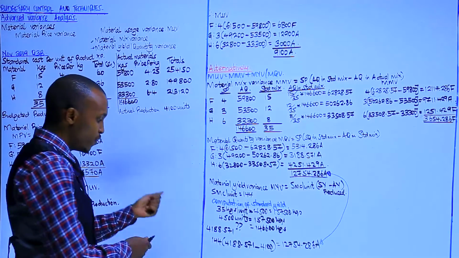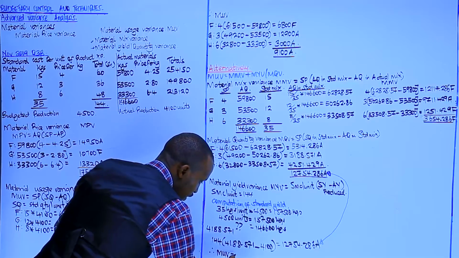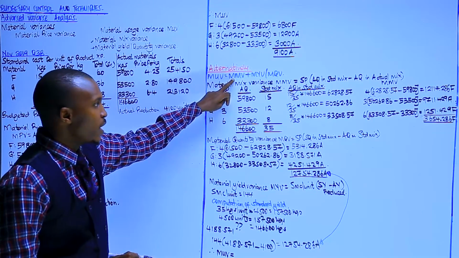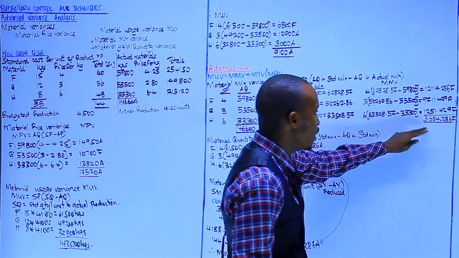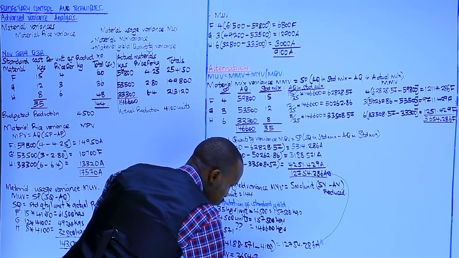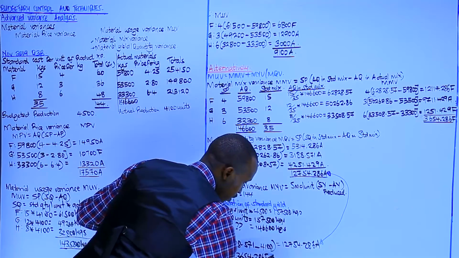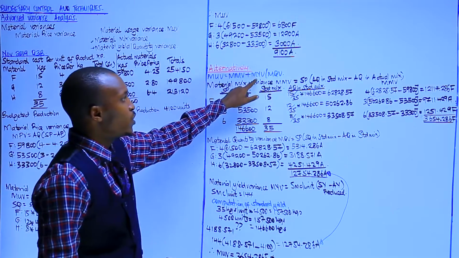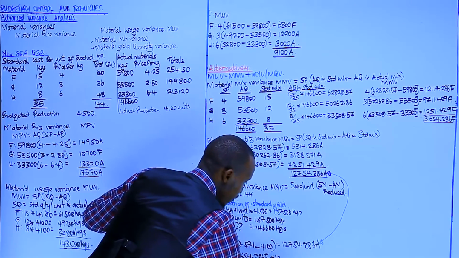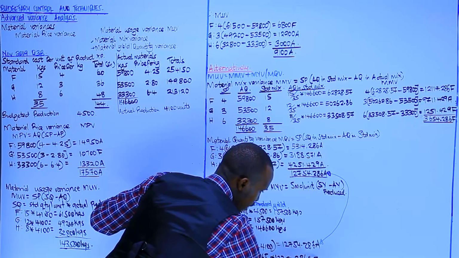Now let's get our material usage variance. Therefore, your material usage variance, we've said it is the summation of your material mix variance, which is here, 654.286, which we know is favorable, plus your material yield or quantity variance, which is 12,754.286, adverse.